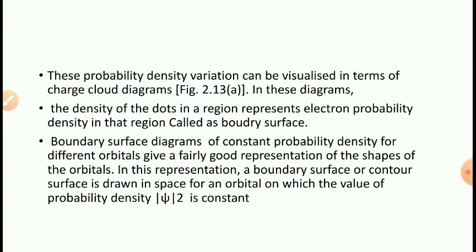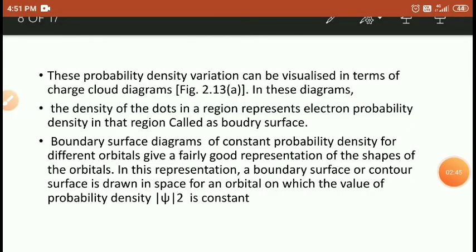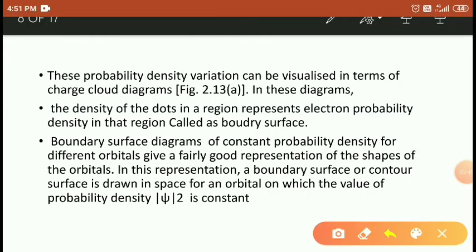Okay students, next, the variation of probability of electron density can be visualized in figure 2.13 in your NCERT, where you see the electron clouds. You have already seen the graph, students. The density of the dot region represents the electron probability.